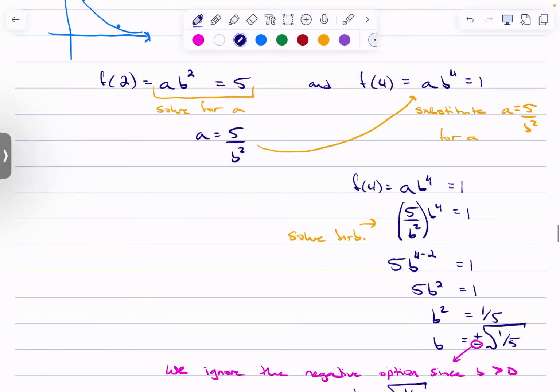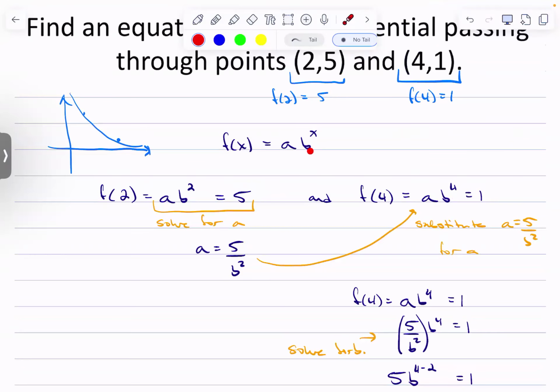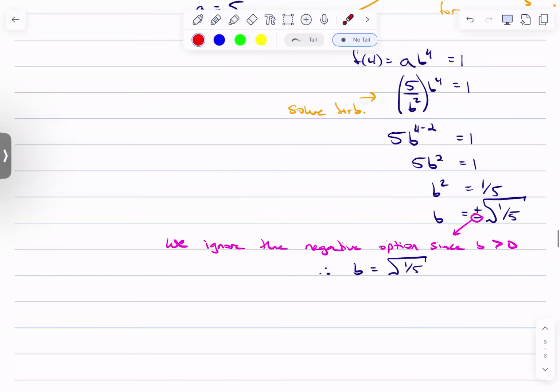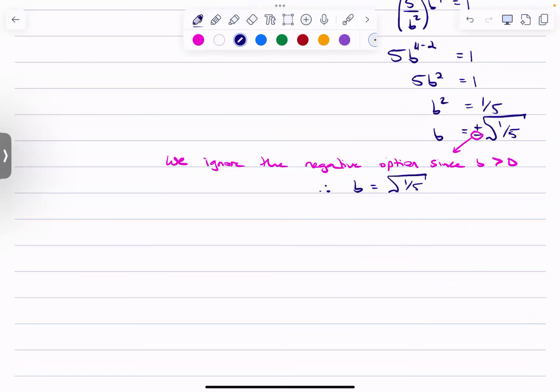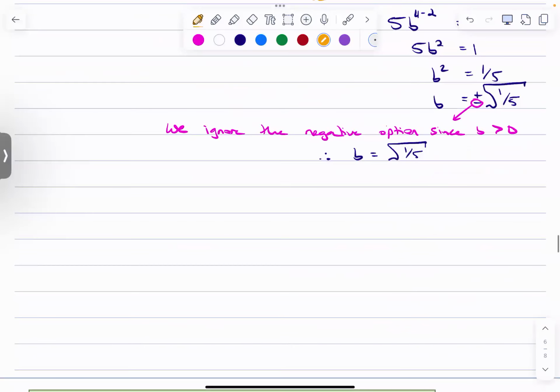So now I have this b component, right? Now I can go back to a, but remember a, we solved for a earlier. A is going to be 5/b². And so now, which color have I been doing my commentary in? Now use a equals 5 divided by b² to solve for a.